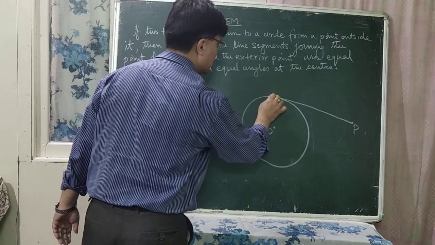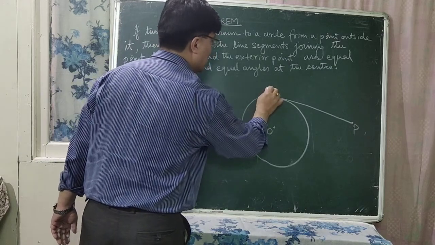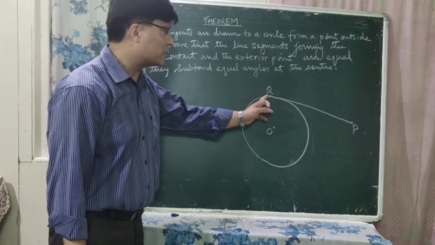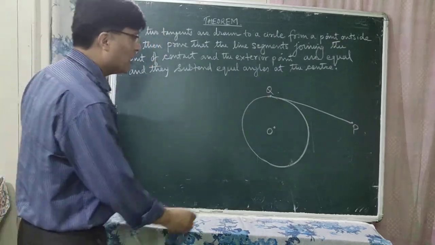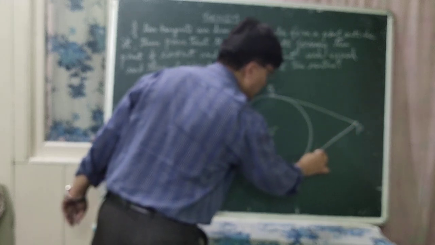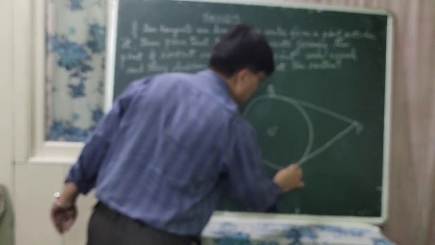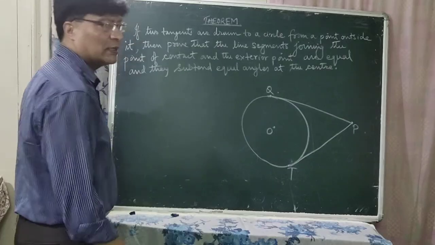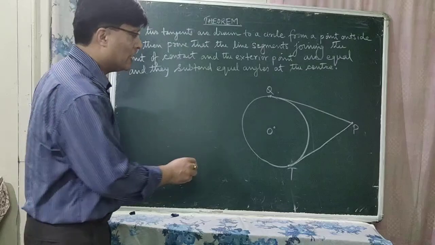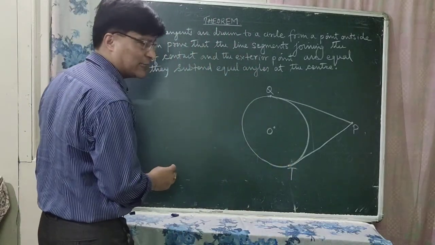Suppose this PQ is a tangent to the circle at the point of contact Q on it. Okay? And you can draw another tangent from the exterior point P to the circle. Suppose this is T. T is the point of contact. That is, T is a point on the circle and T is the point of contact here.